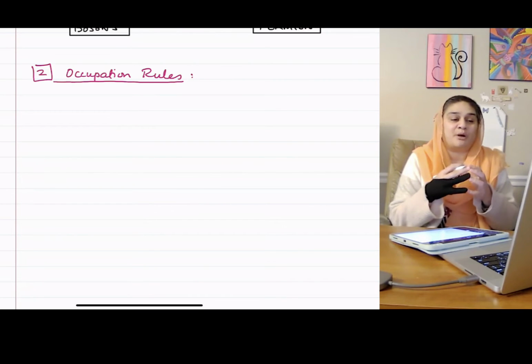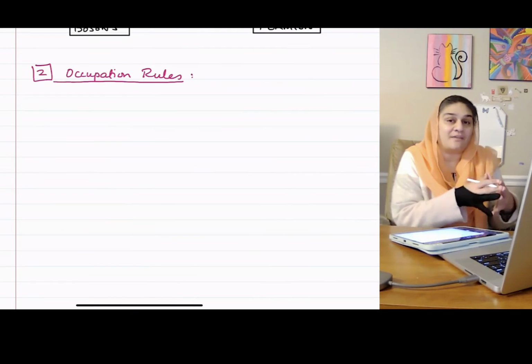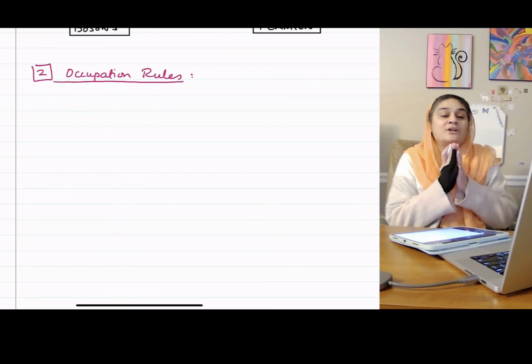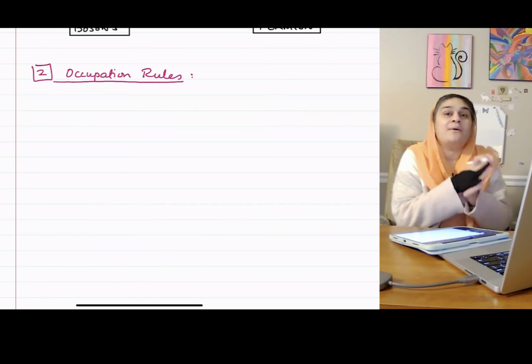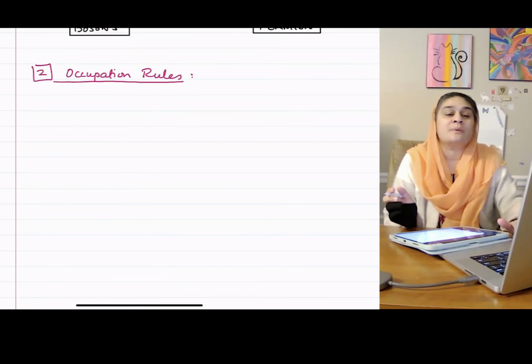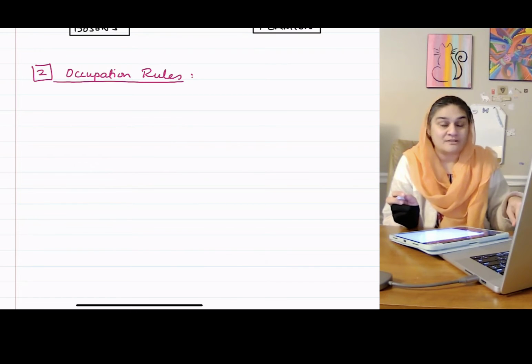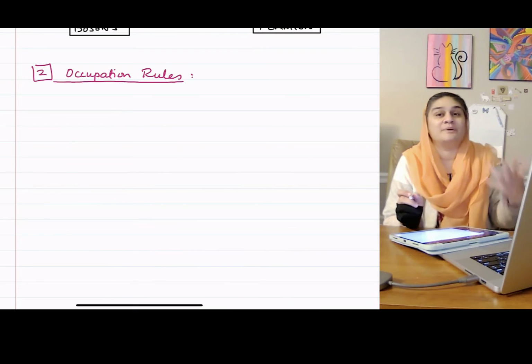Pauli's exclusion principle states that some types of particles cannot share the same quantum state, whereas others can. So particles that can share the same quantum states will share the same quantum numbers, whereas particles that cannot will have different quantum numbers. So particles that are subject to Pauli's exclusion principle are called fermions, whereas particles that are not subjected to Pauli's exclusion principle are called bosons.